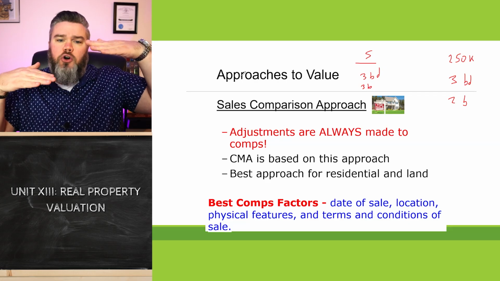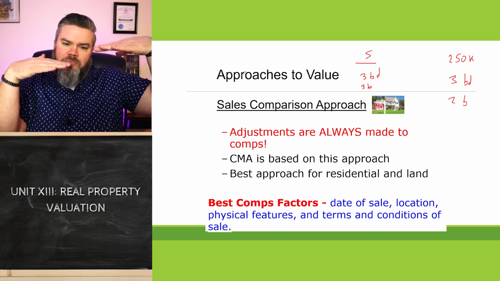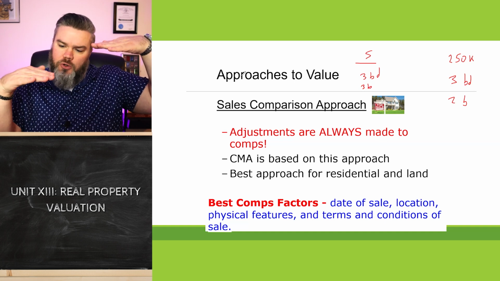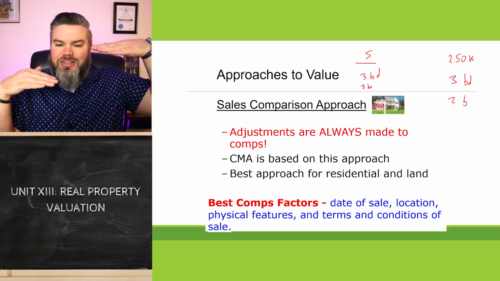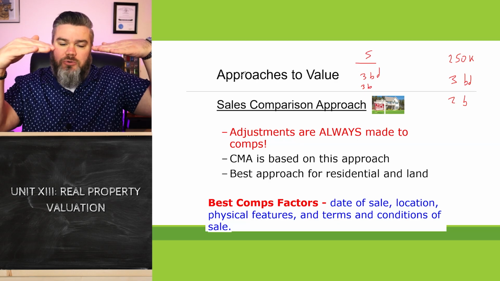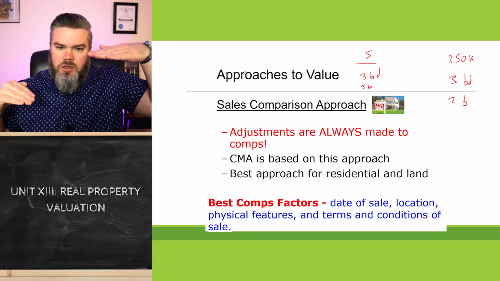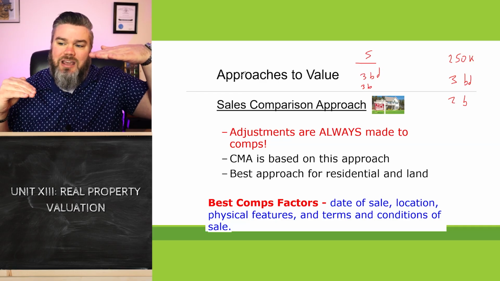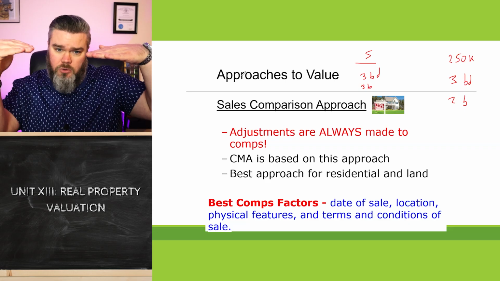It's not as good. And so what we're answering when we do these sales comparison approaches, well, we know what this comparable sold for. But what we're trying to guess is, what do we think it would have sold for if it had been identical to our subject property? So we make adjustments to bring it to the same level. So we will speculate on what we think having an extra bath would contribute to this comparable.